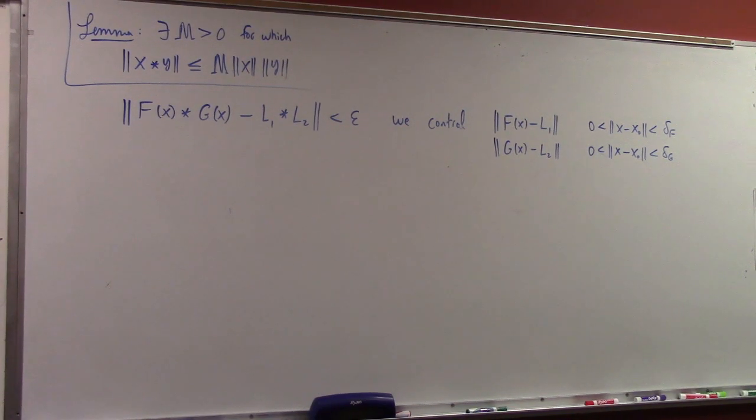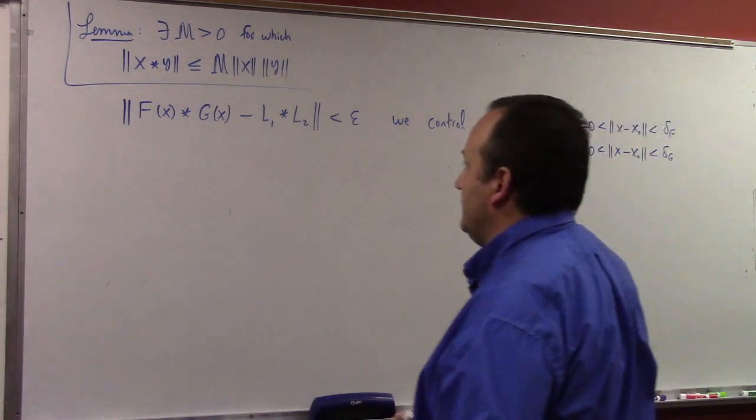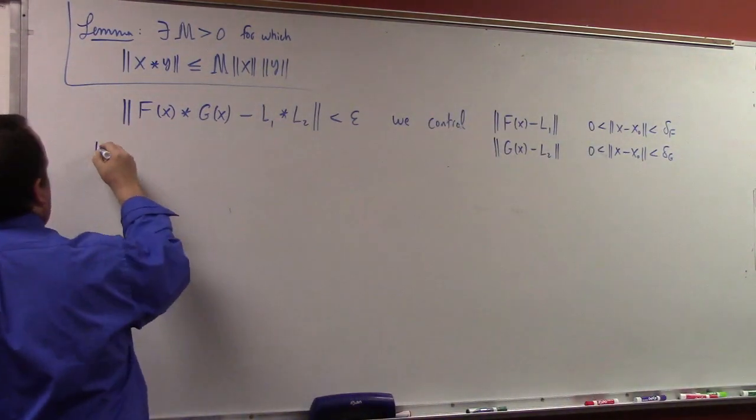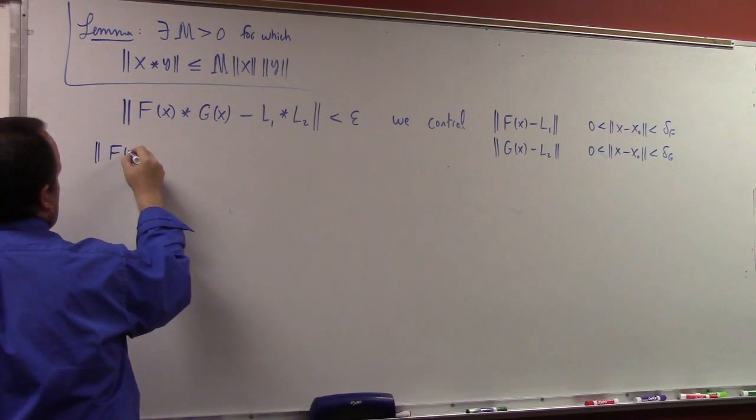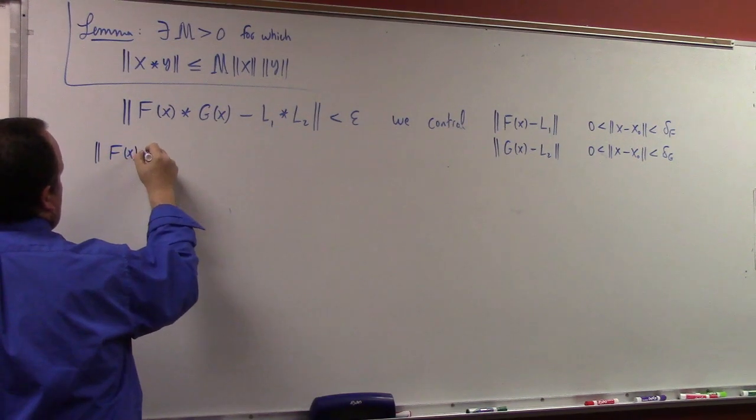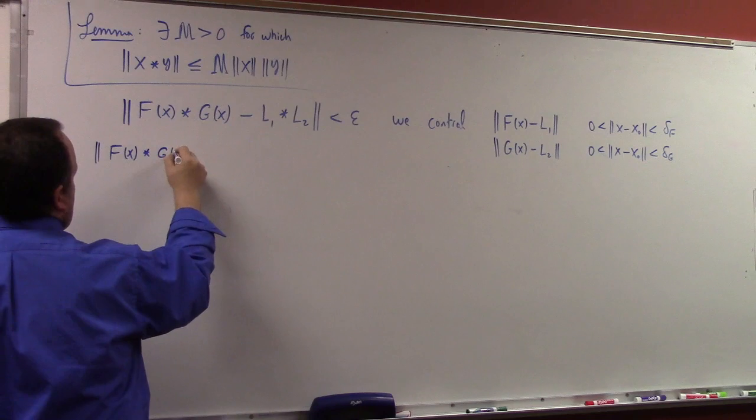We use the triangle inequality and then use this rule and then rearrange and arrive at that. Well, yeah, we could do something like this. Let's see here, f of x star g of x.